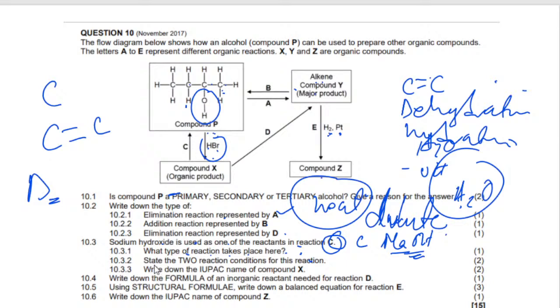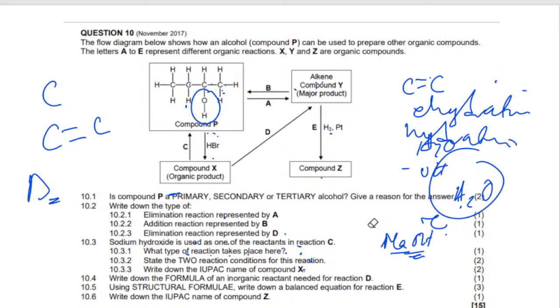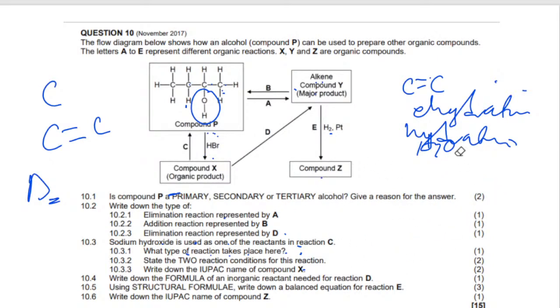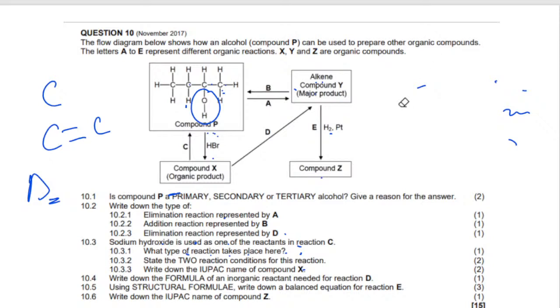Then we got the next question. They're saying, write down the IUPAC name of X. Where is X now? How do I know that X has this number of carbon atoms? It's because of the number of carbon atoms we started with. So I'm able to know how many there are. It's 1, 2, 3, 4.